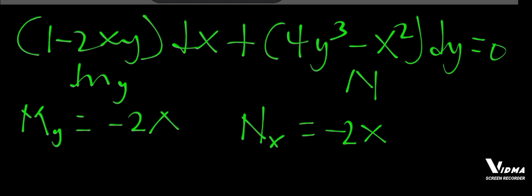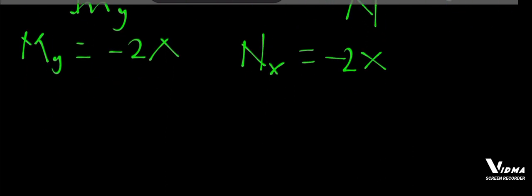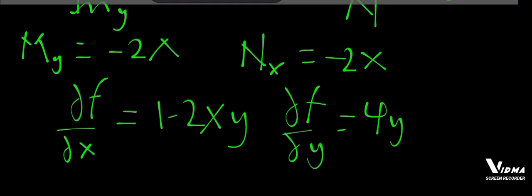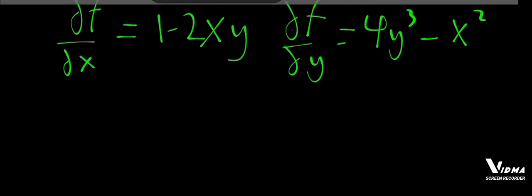And I'm now going to say that my del f del x is 1 minus 2xy, and my del f del y is 4y cubed minus x squared. And at this moment, I can choose either of them to start my solution.